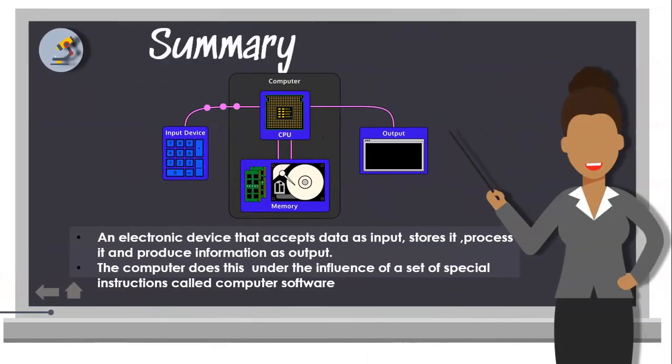What was in the diagram is what actually takes place now. Let's look at when you are at the bank or at an ATM and you want to withdraw money. When you enter the PIN numbers there, it's an input device. Once you enter, it has to go into the computer.